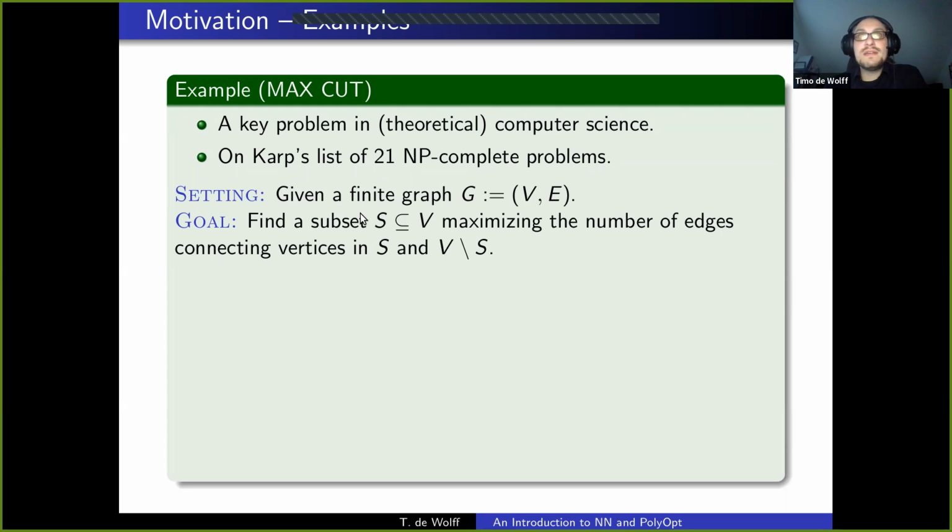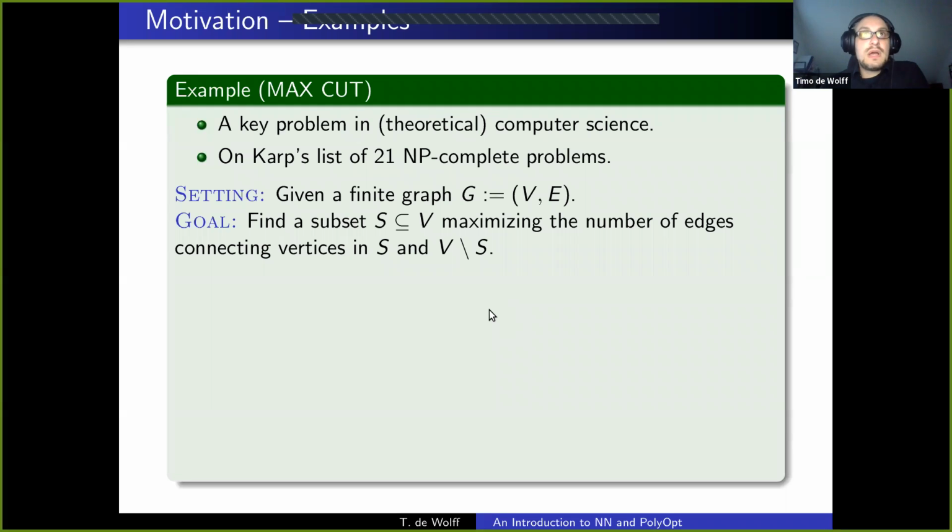So we would like to find a subset S such that we maximize the number of edges that connect vertices in S and in the complement. In other words, we would like to two-color our graph, say with red vertices and blue vertices, in a way such that we maximize the number of edges that connect vertices of different colors.